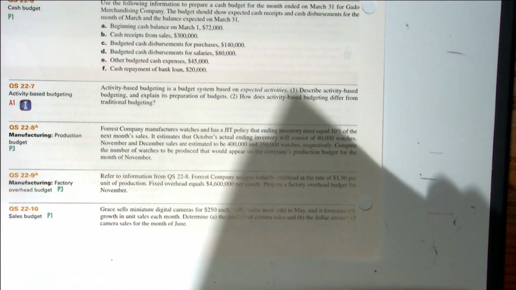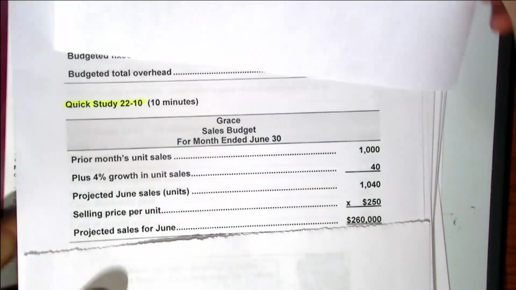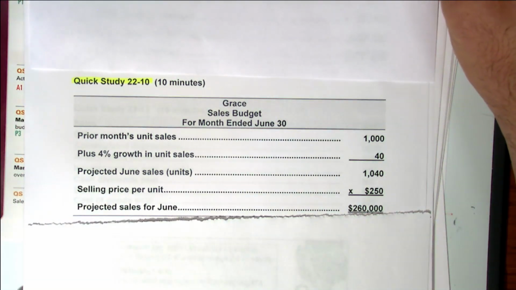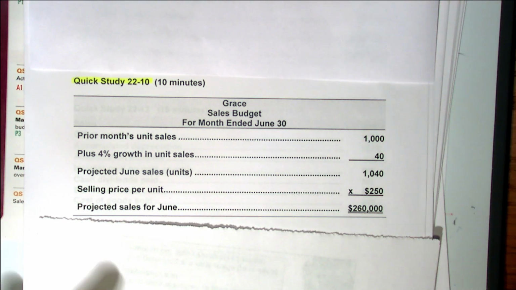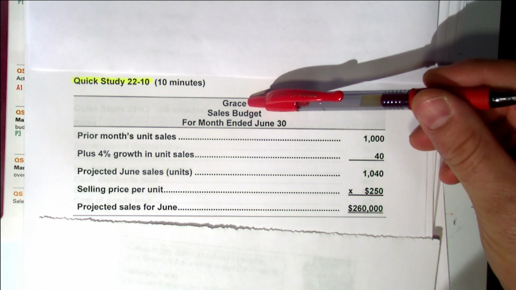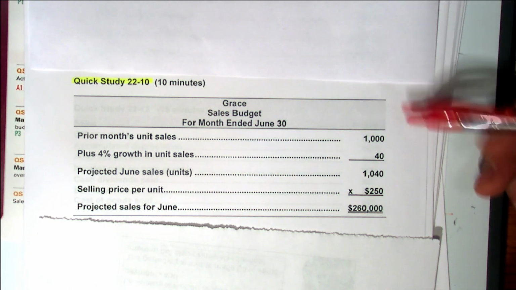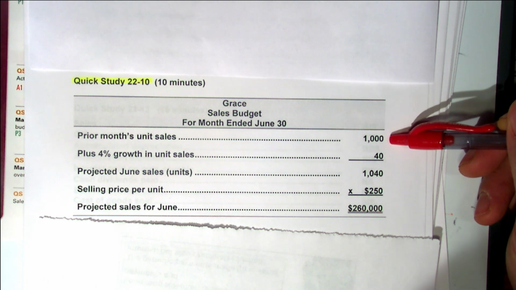Now I'll show you the answer, and you can see the difference between just giving the bottom line versus preparing a budget. Okay? Well, this is for the company, Grace. This is their sales budget for the month ended June 30th. The prior month's unit sales were 1,000.